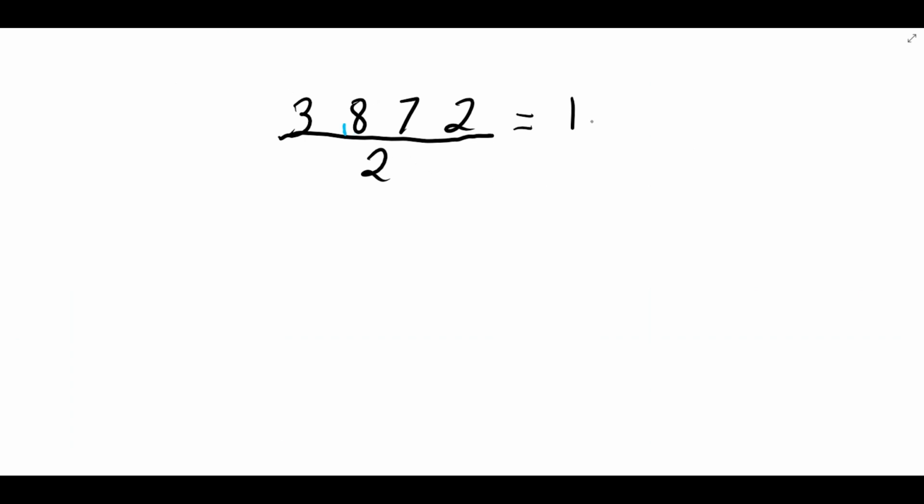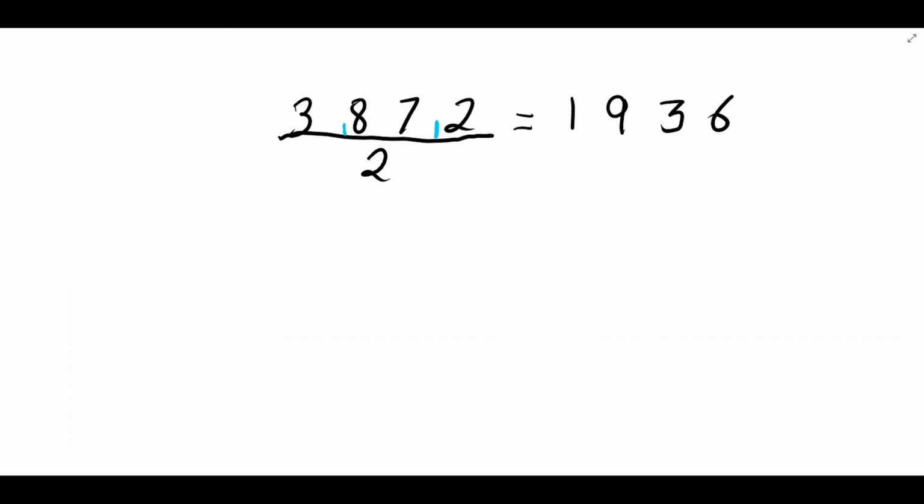Now 18 by 2 gives a 9 without a remainder. Next we have 7 by 2, closest multiple of 2 is 3, and you have a remainder of 1, so the next digit becomes 12, and 12 by 2 is a 6, and it's as simple as that. You saw how quickly we did it. There's not even much writing involved.